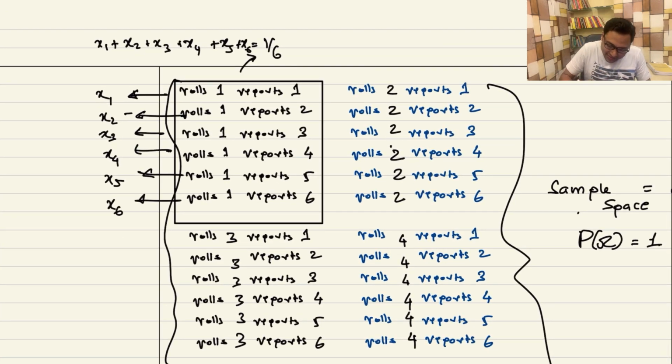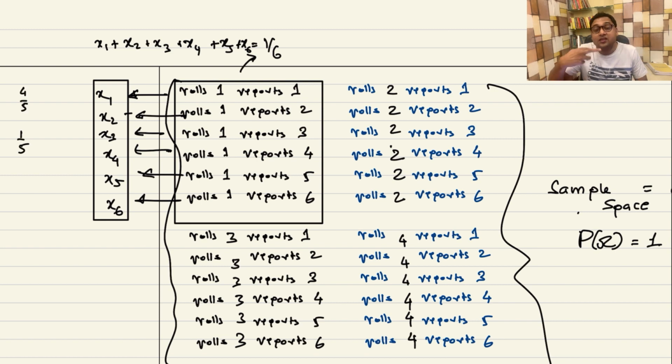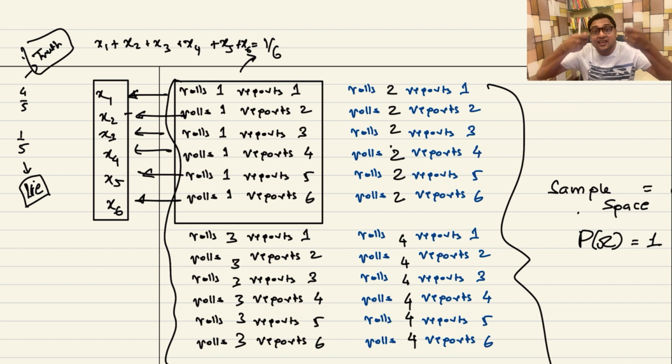I know that all of them together are 1/6. 4 by 5 and 1 by 5 together make 1: speaking the truth, or lying. So we should be distributing these 6 singleton events by these numbers 4/5 and 1/5, so that together it's either lying or saying the truth. It's together 1.